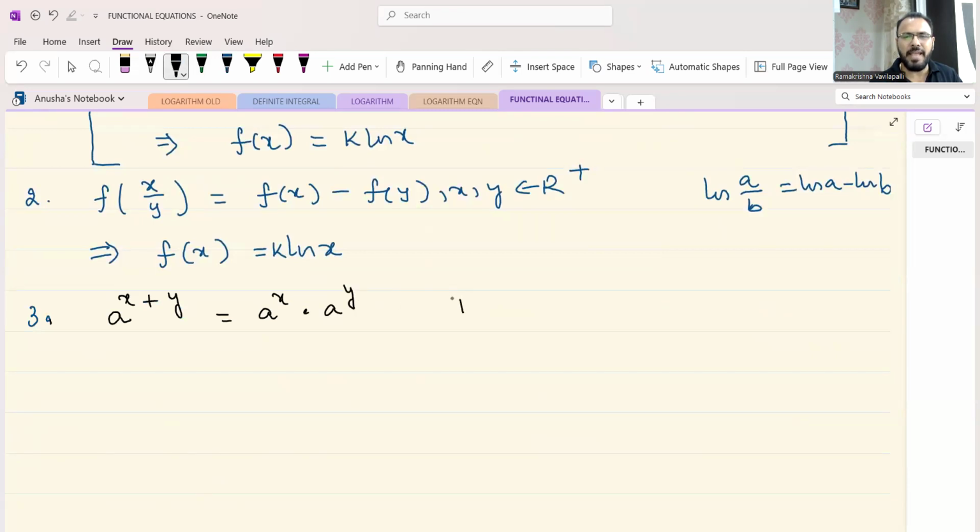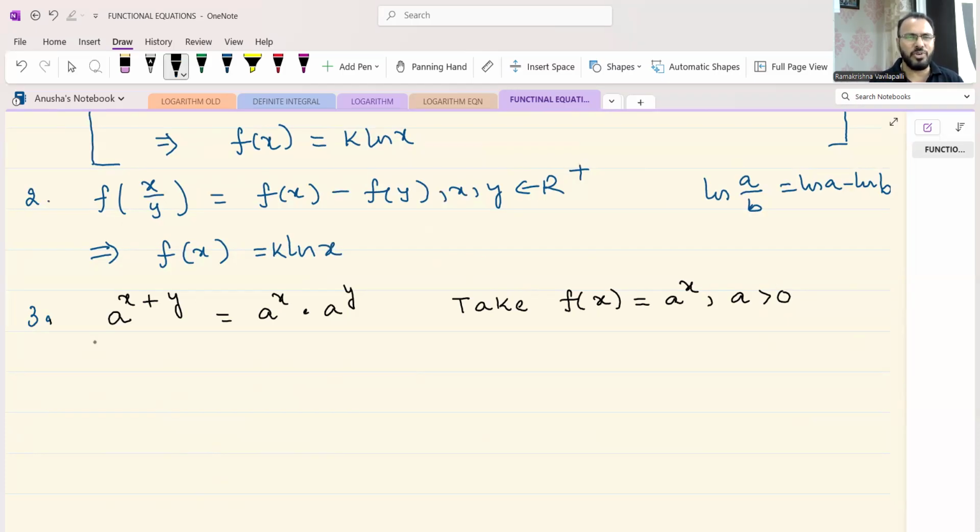Take f of x equal to a power x. We take the exponential function. Of course, we always assume that the base is positive. Base must be positive for an exponential function.